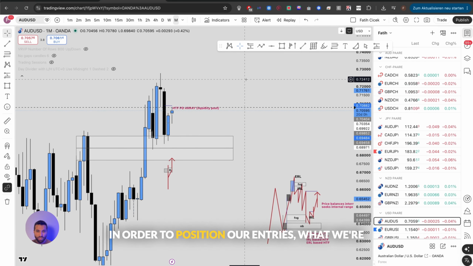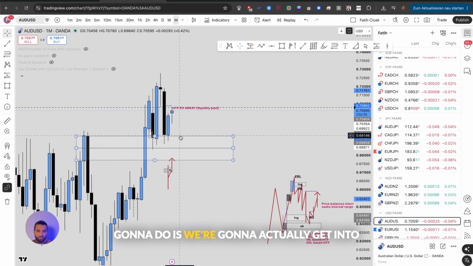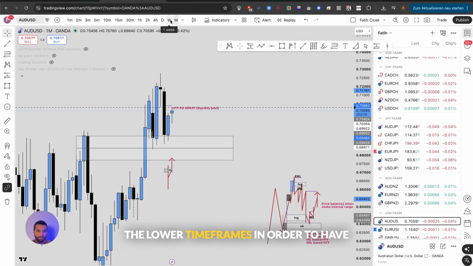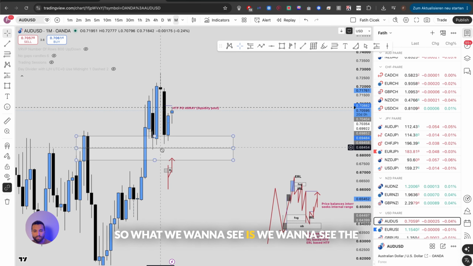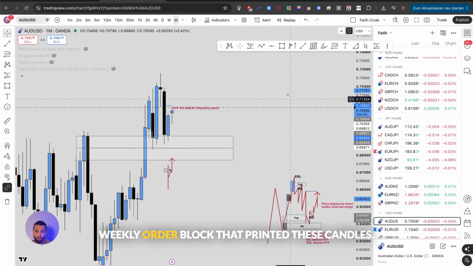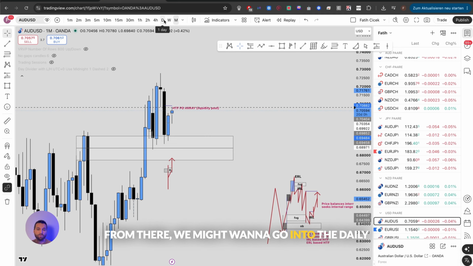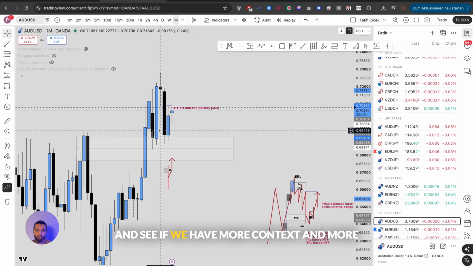In order to position our entries, we're actually going to get into the lower time frames to have more insight into this price action. So what we want to see is the weekly order block that printed these candles. From there, we might want to go into the daily and see if we have more context and more details that we can base our execution upon.